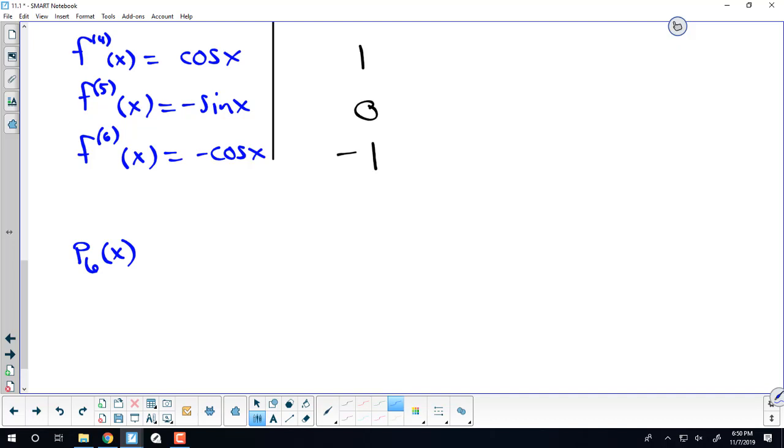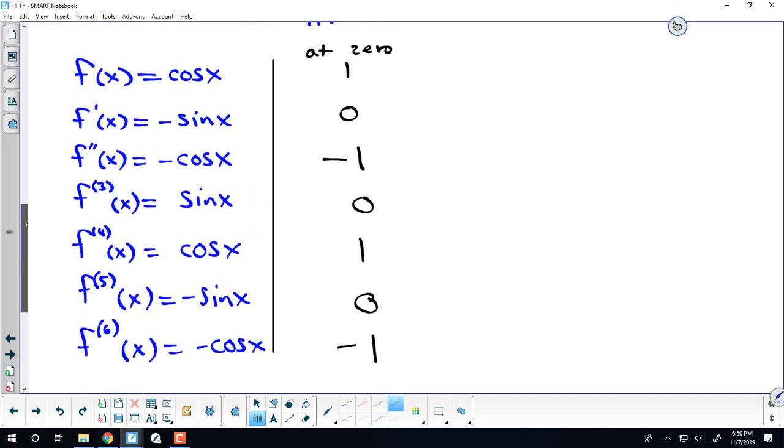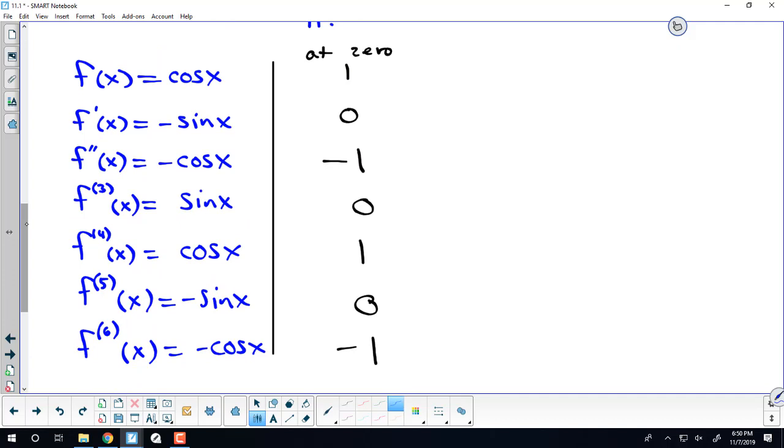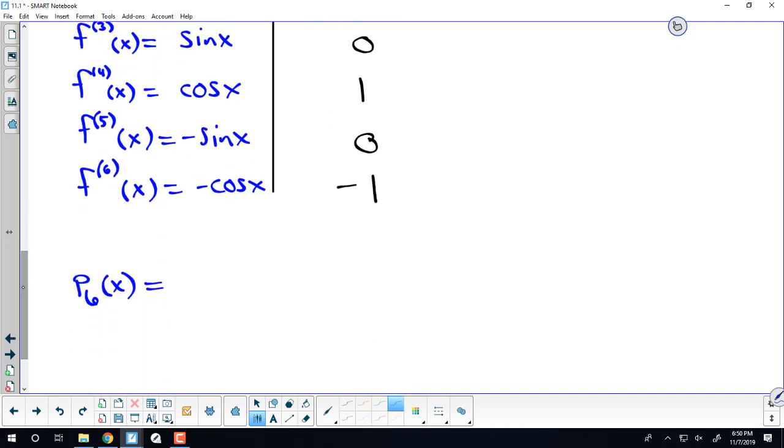So the 6th order polynomial that approximates cosine near x equals 0, what would that look like? What would our first term be? 1. Yeah, your first term is always f of a. So our first term is 1.